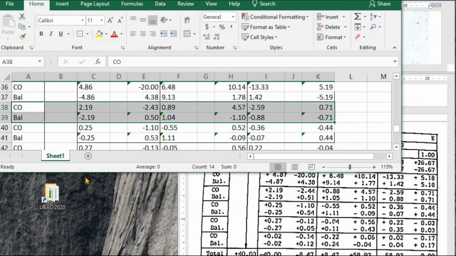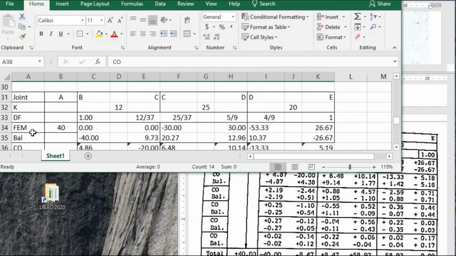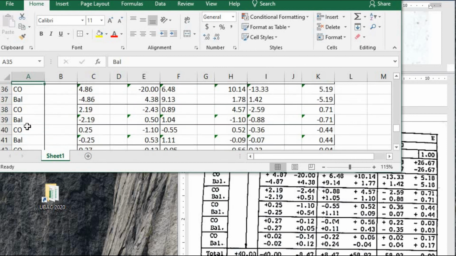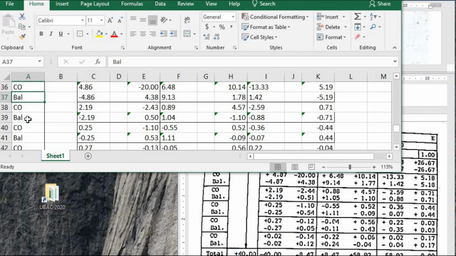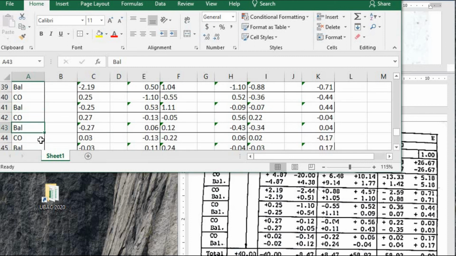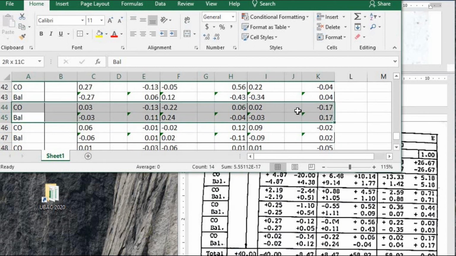In the 6th cycle, you have 0.03. Here in the book, 0.02. And then 0.13 and 0.11. Then 0.22, 0.24. 0.06, 0.04. 0.02 and 0.03 here. And 0.17, 0.17. Okay. So, the only difference is the decimal places.